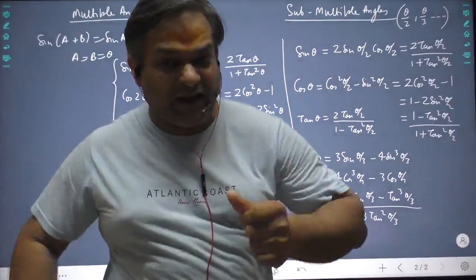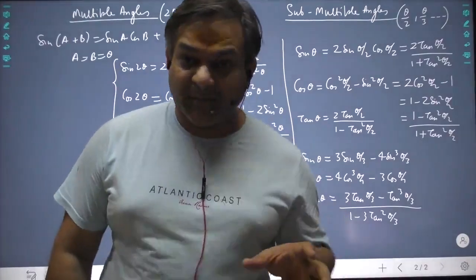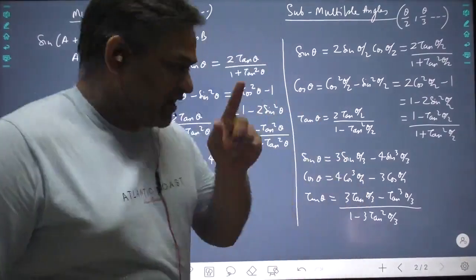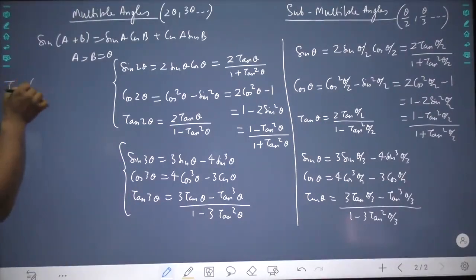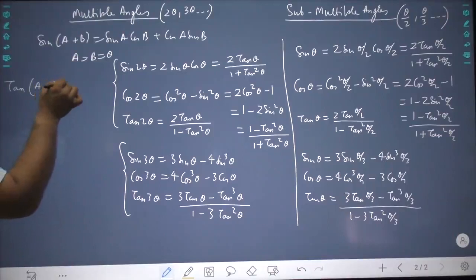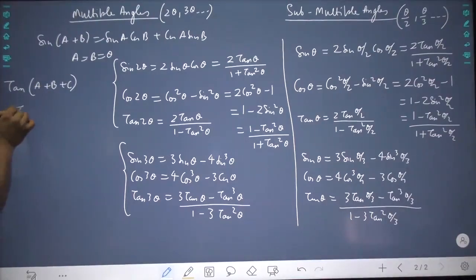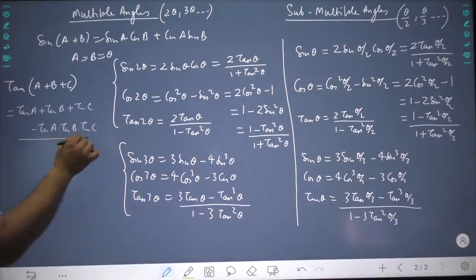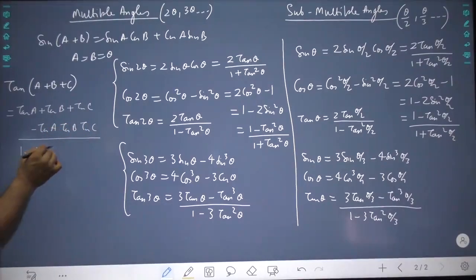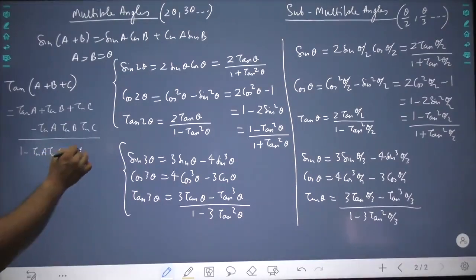Now we are going to play and I am going to solve many questions and I want you to understand the logic behind them. At this occasion, one more very important formula needs to be told. Tan of a plus b plus c, you must remember, it is (tan a plus tan b plus tan c minus tan a into tan b into tan c) upon (1 minus tan a tan b minus tan b tan c minus tan c tan a).